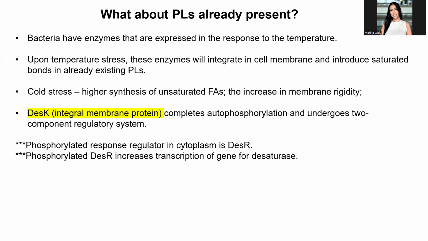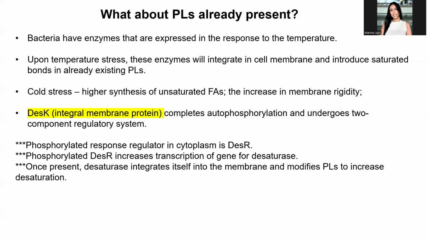So the one in the membrane is on histidine, the one in the response regulator is on aspartate. That phosphorylated DesR will increase transcription of genes for desaturase, the enzyme that will introduce unsaturation into the existing phospholipids. Once desaturase is transcribed, controlled via the DesKR two-component system, desaturase will modify existing lipids.